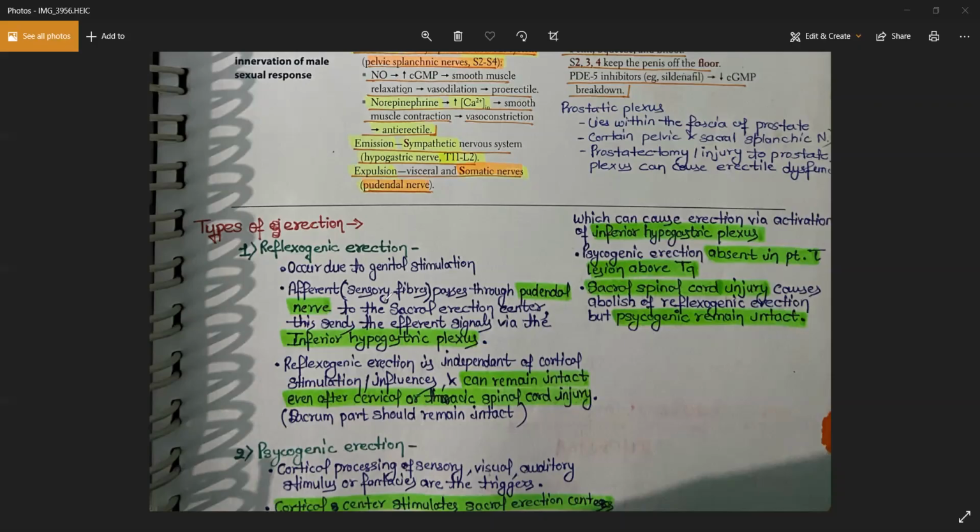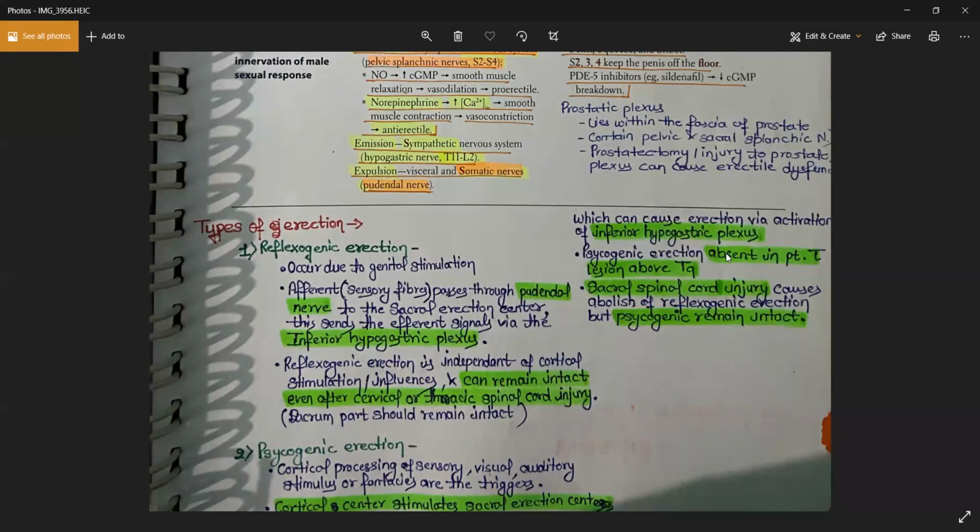Yes. Now the second type, which is the psychogenic erection, originates within the brain and happens after visual or auditory stimulations or any fantasies. They are the triggers for the psychogenic erection. The cortical centers in the brain will send the impulses to the sacral erection centers, and from the sacral erection centers the inferior hypogastric plexus causes the erection.